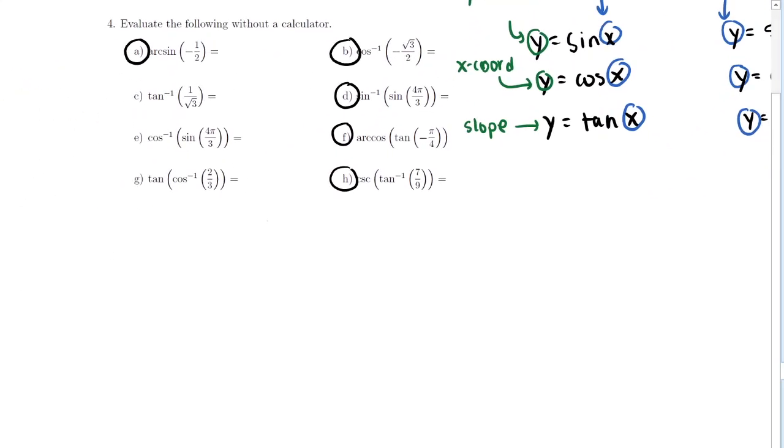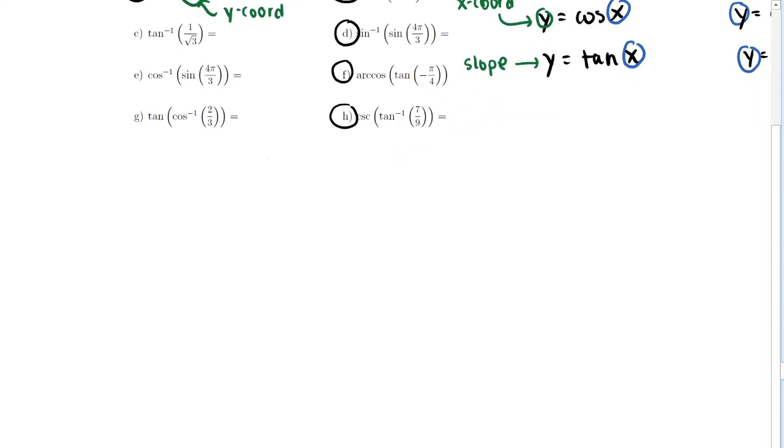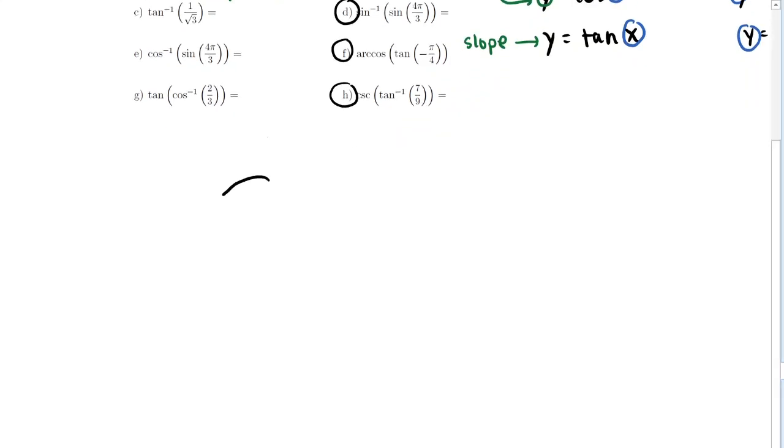So arc sine of negative 1/2. What this is saying is that we've got a y coordinate of negative 1/2 on our unit circle. What's the angle that sine takes to negative 1/2, but specifically the angle between negative pi over 2 and pi over 2. So let's draw this out on a unit circle.